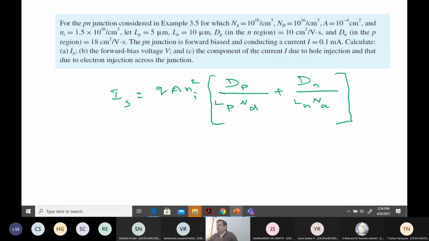Just let me verify it. Just a second. If my formula is correct, I need to ensure that. Okay, I know the problems there.